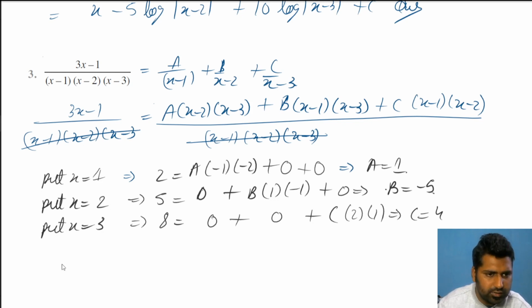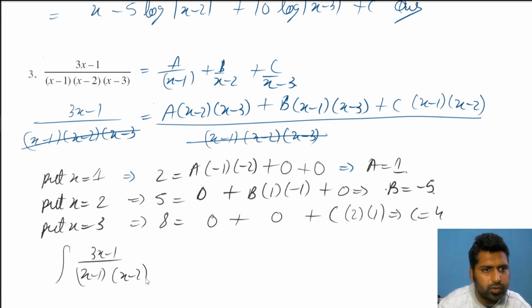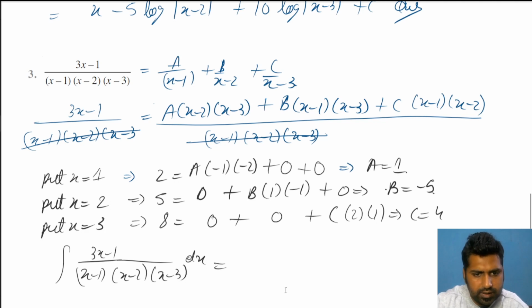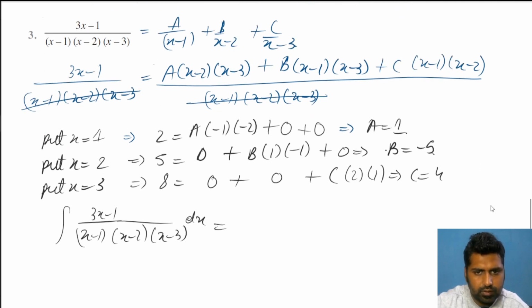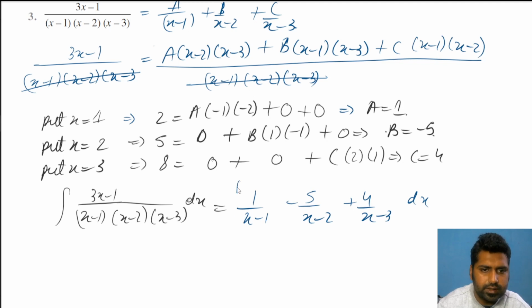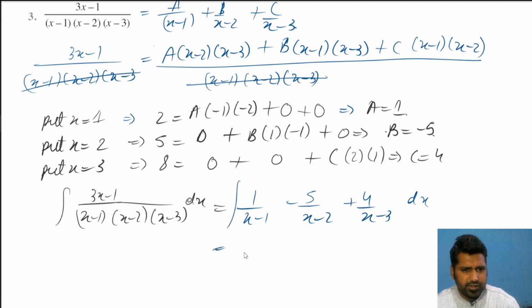Now if the question is integration of 3x minus 1 upon (x minus 1)(x minus 2)(x minus 3) dx, I can rewrite this as, what's my a, b, c? a is 1 upon x minus 1, b is minus 5 upon x minus 2, c is 4 upon x minus 3, dx integration, and I think it is pretty straightforward.